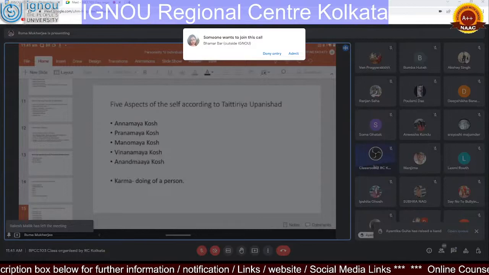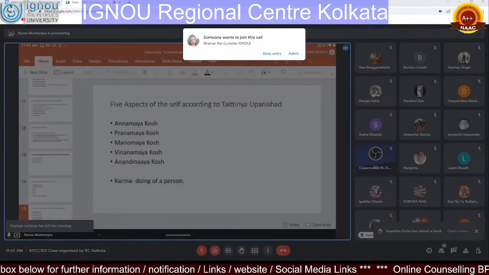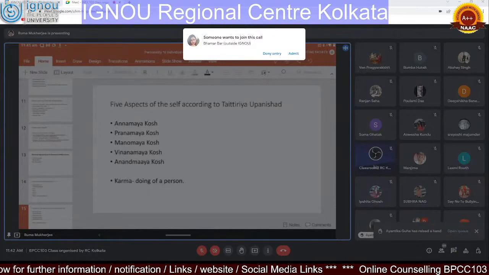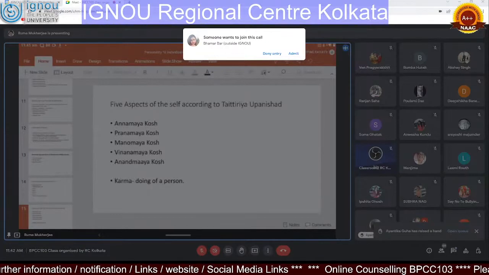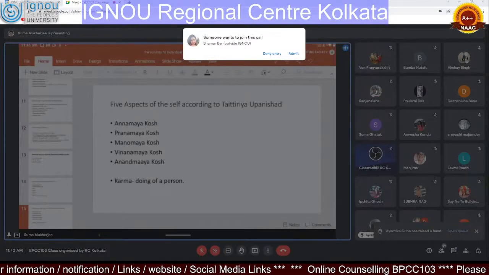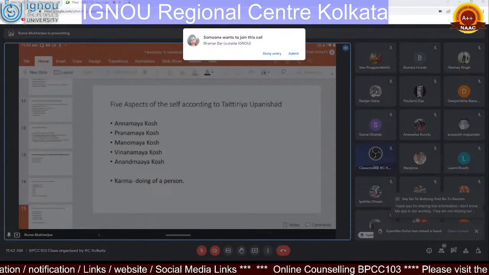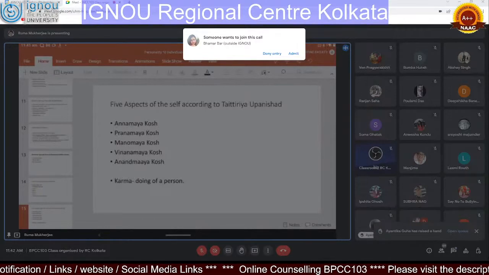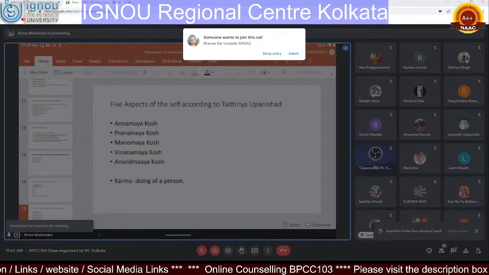Then comes the Vijnanamaya Kosh, that means it refers to the intellect, the cognitive part that helps in knowing the world. How we are knowing, that means the perception, the memory that we are storing, what is the right thing that we should store in our memory so that in the future we can recollect or recognize that particular thing.